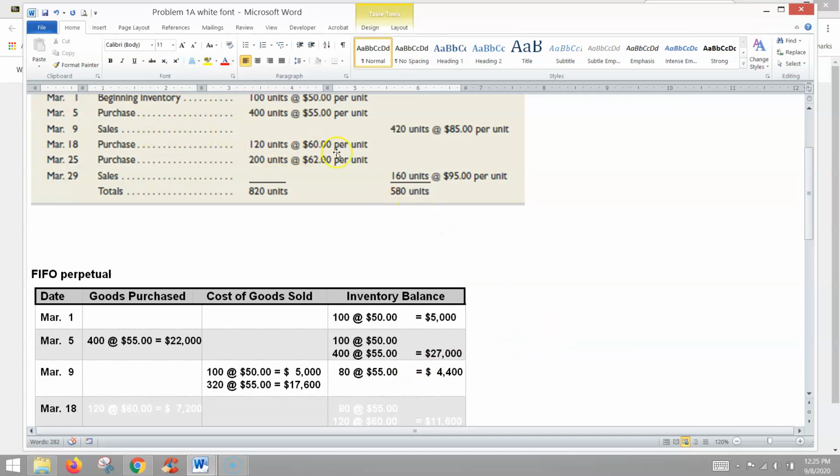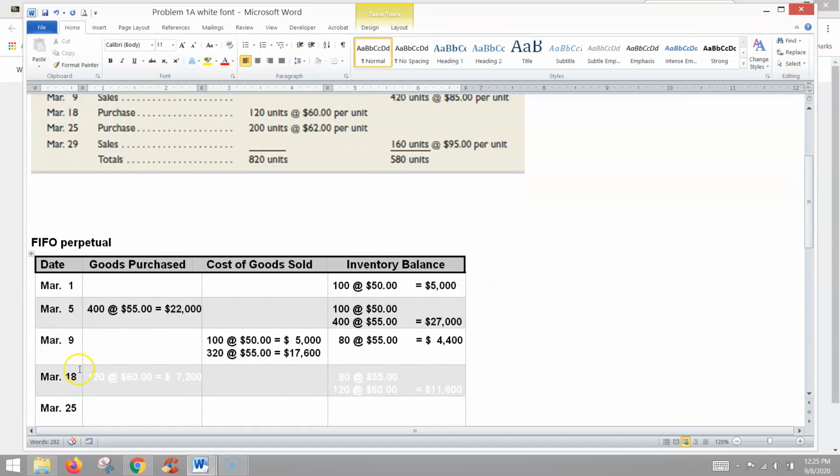On the 18th, we're going to make a purchase, 120 units at $60 each. We add that purchase, and we also add it as a costing layer.